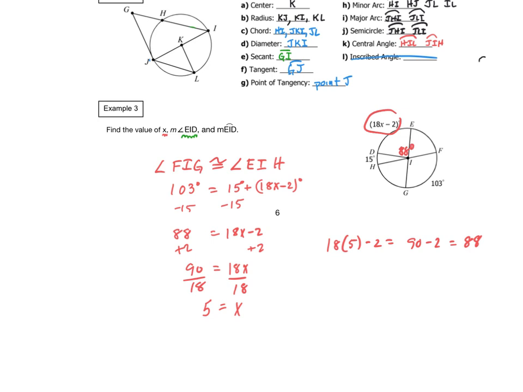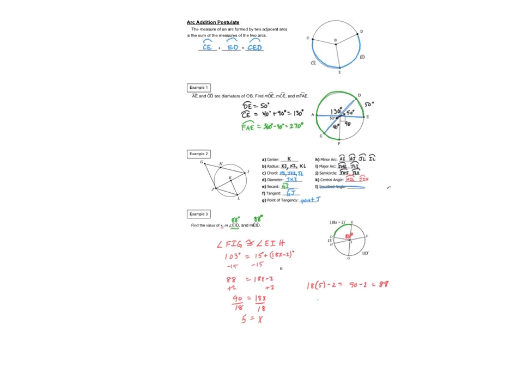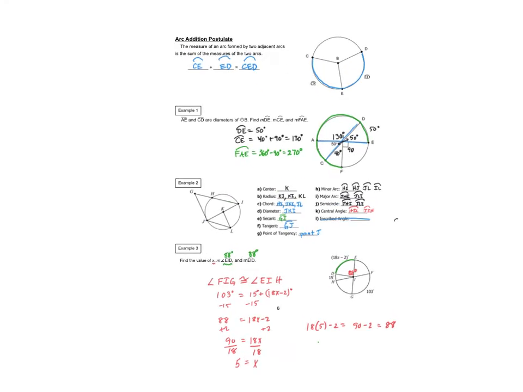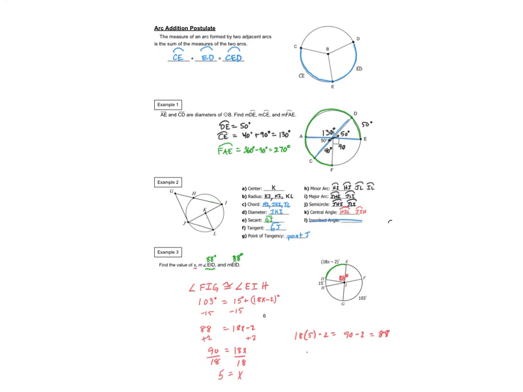And because my central angle and my arc length are the same degree, then I know this arc length is also going to be 88 degrees. So there you have it. We have angle EID is 88 degrees, and arc EID is 88 degrees. So there you go. We are sitting on a bunch of introduction to circles material, and now we can continue on with our assignment.